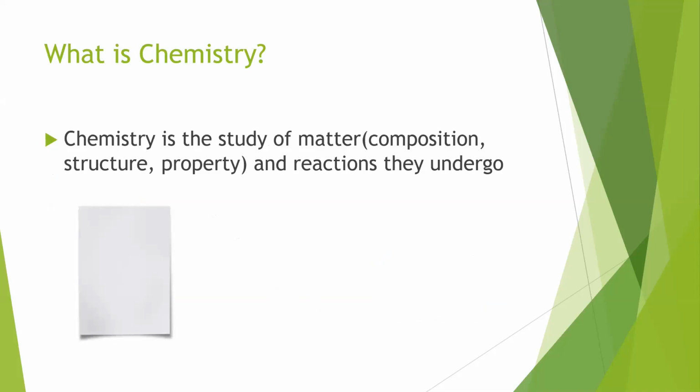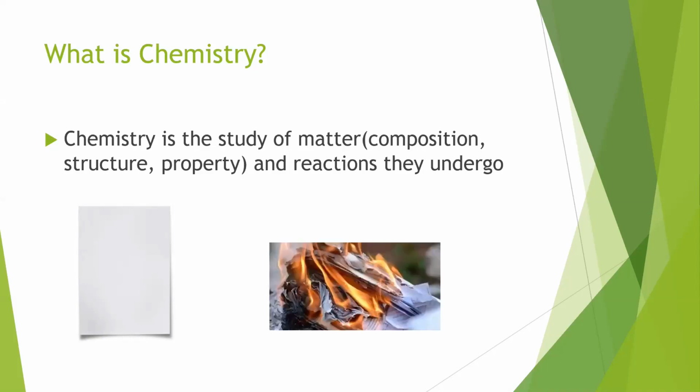We can say paper is made out of trees, and trees are made out of carbon, so we can look at the structure of paper. And then for the second part of the definition, reactions they undergo, we can look at burning paper. After burning paper, we convert the paper into ashes and gas.